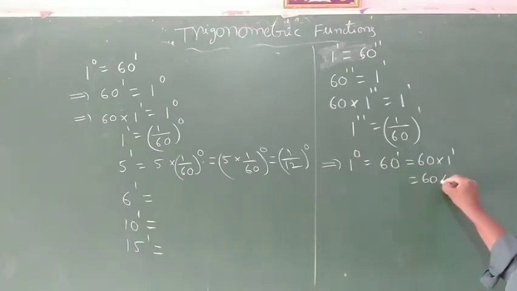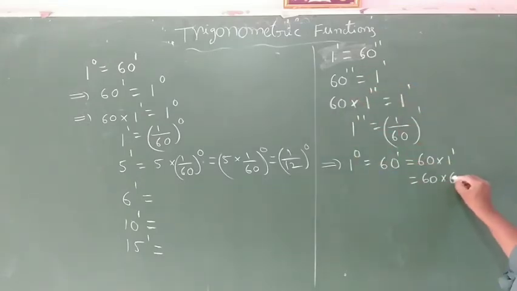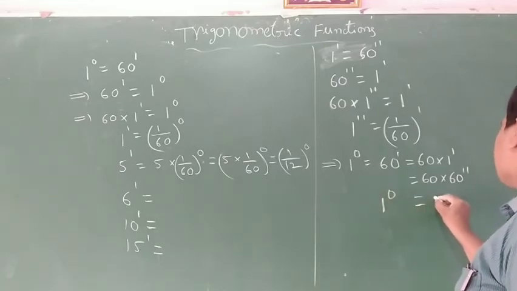Now 1 minute is equal to how many? 60 seconds. So 60 into 1 minute is equal to how many seconds? 1 minute is equal to 60 seconds. So 1 degree is equal to how many seconds?